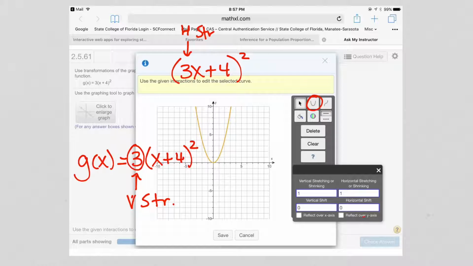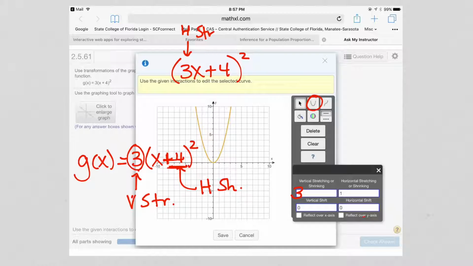So just keep that in mind. All right, so we've got the 3 out there, which is a vertical stretch, so I'm going to change that 1 into a 3. Then I have a plus 4 over here, which is a horizontal shift. Because it's inside, that makes it horizontal.